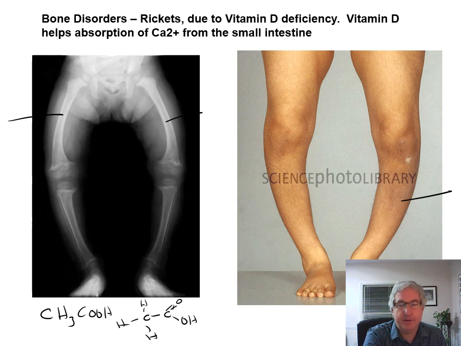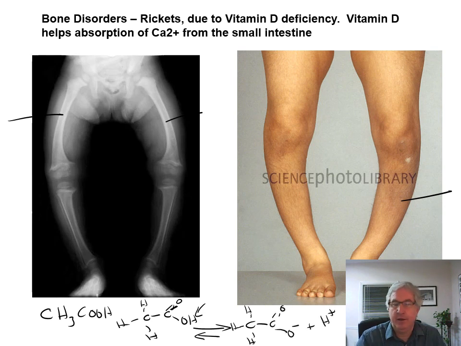Okay, so it's an acid because this hydrogen right here tends to get lost. So this goes back and forth between that structure there and this structure, and it tends to go more towards this structure. So you have an O minus plus a positive hydrogen ion, so that makes it acidic. It loses that hydrogen ion.